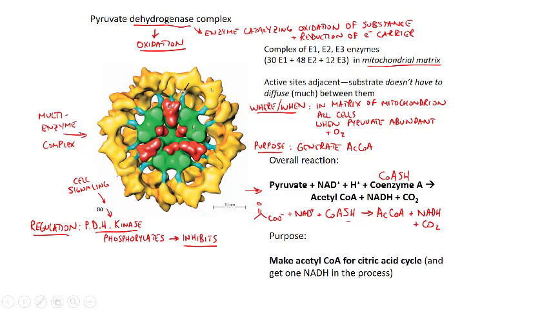Okay, so let's take a look very briefly at pyruvate dehydrogenase and what actual chemical reactions take place in this enzyme. All right, so pyruvate dehydrogenase involves 3 steps. You are not responsible for knowing each of the 3 steps, just knowing that it has 3 steps is enough.